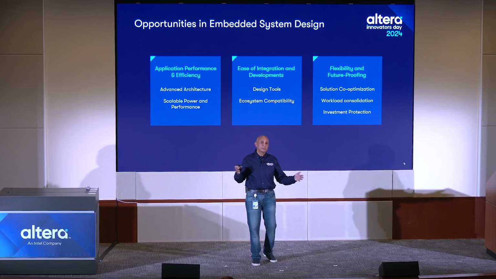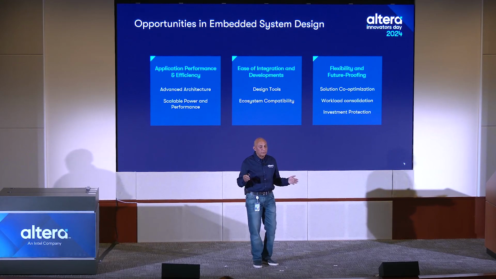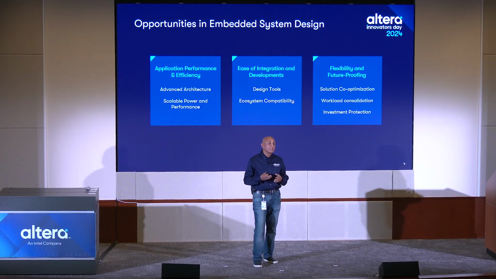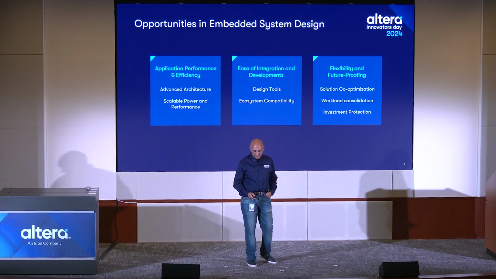And things like, how can you optimize the hardware and the software at the same time, right? How do you do workload consolidation? And then lastly, how do you scale your solutions across performance and cost targets, right? Which is a common theme for a lot of our customers: application scalability and investment protection. I want to build my application once and then be able to scale it across various regions with the same architecture.